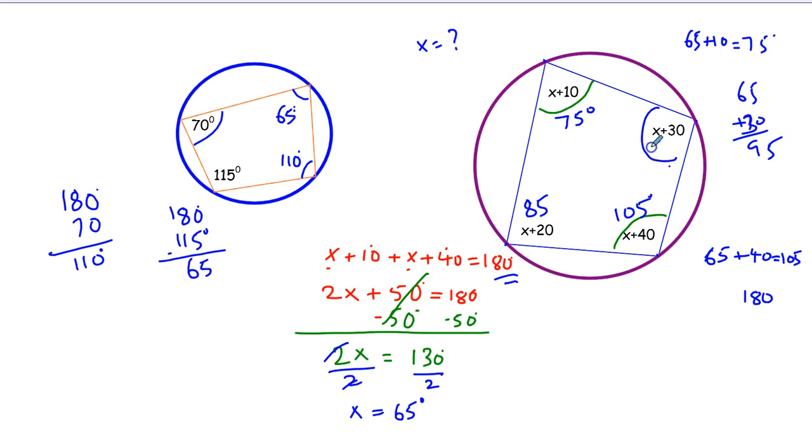This is 95. 85 plus 95 is again 180. These two are also supplementary. Hence all the four angles are 75 degrees, 85 degrees, 105 degrees and 95 degrees. Those are the four angles.